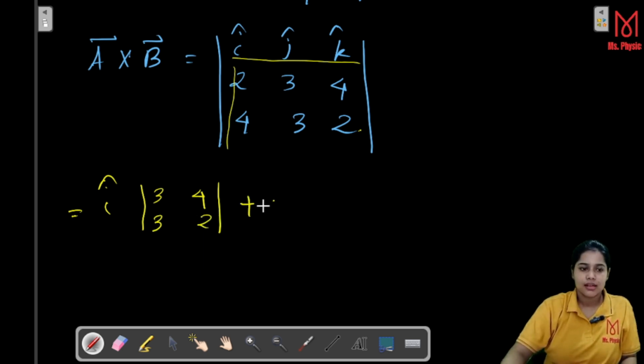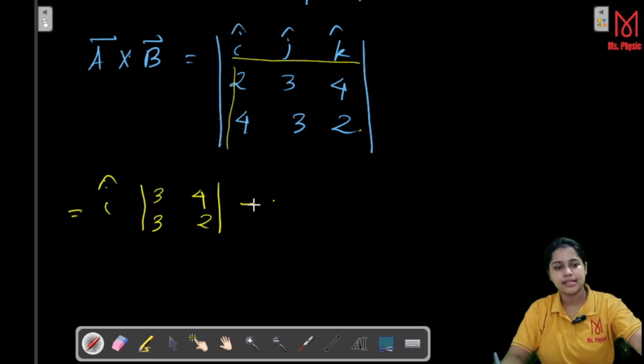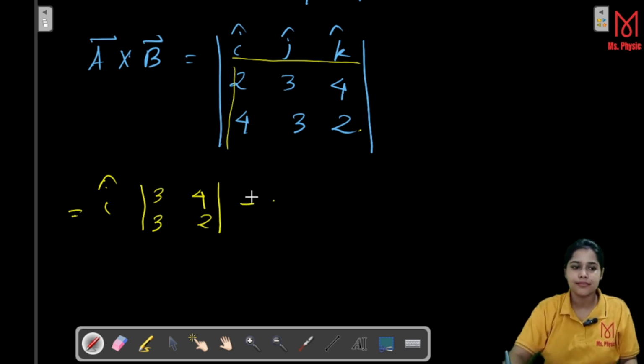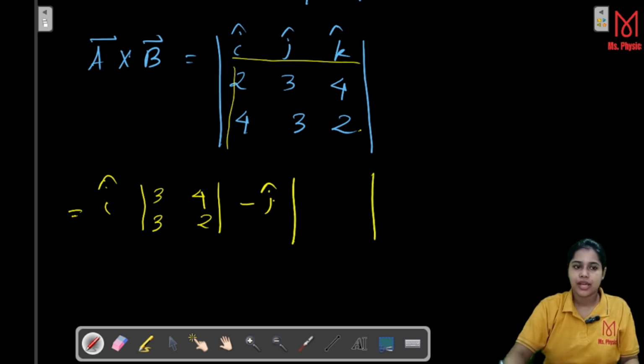Plus, here you can write minus, that would be better, minus j cap. For j cap, j lies on the second column and is also found in the first row. Therefore a 2 by 2 matrix is left.